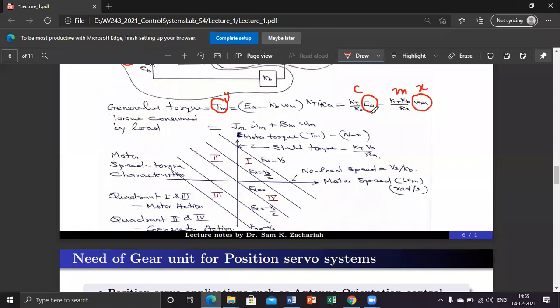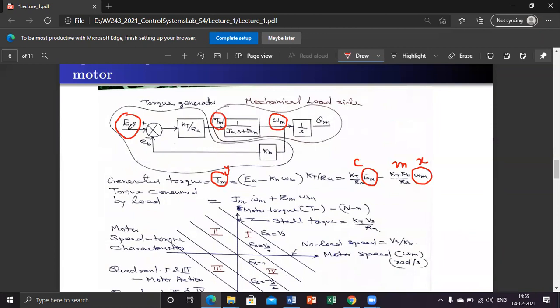And the value of Ea is varied from maximum to minimum. What is the maximum value of the armature voltage? You can give up to the plus supply voltage of the power amplifier, that is plus Vs. And the minimum value of Ea is the minus value of the supply voltage.